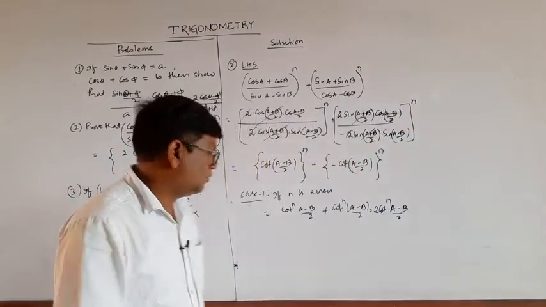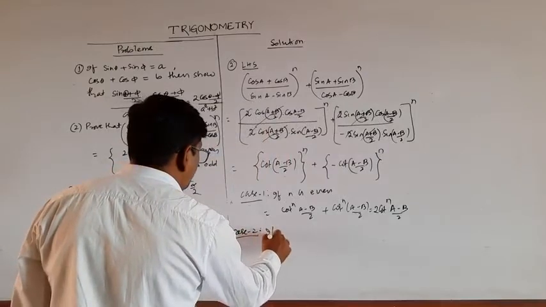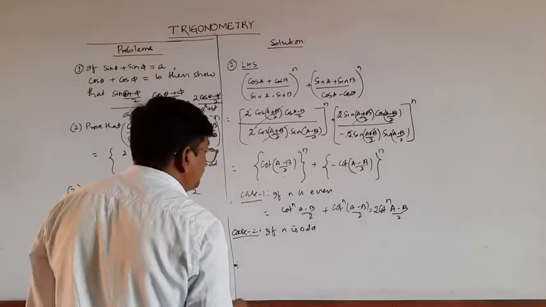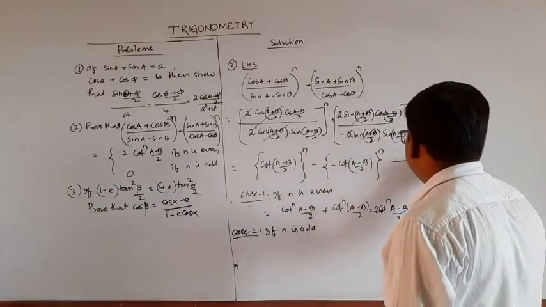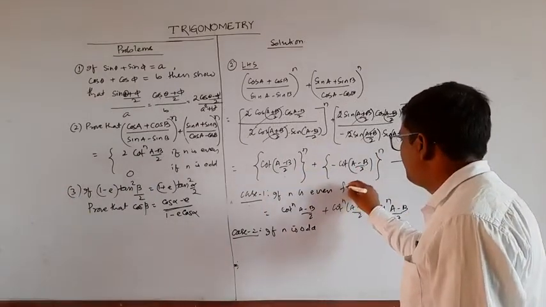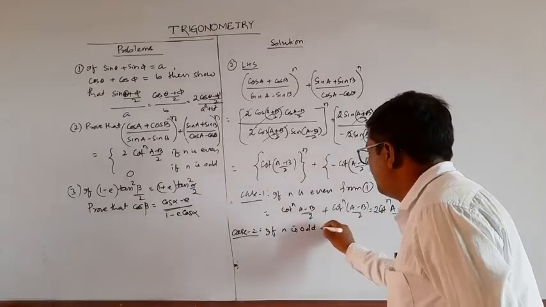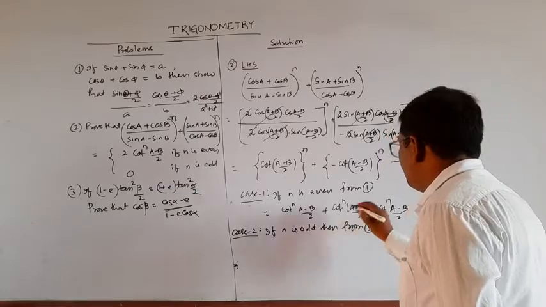Now case 2. If n is odd, suppose this is equation or expression 1. Again, if n is odd, then from 1, what happens here?